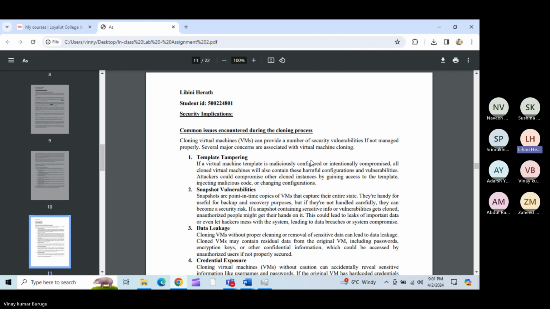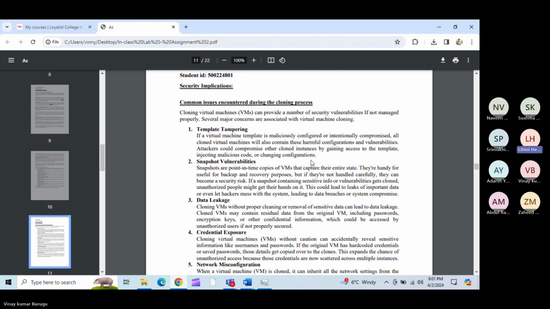If a virtual machine template is configured incorrectly or compromised, all cloned instances will inherit these vulnerabilities, so that attackers could exploit this to compromise other cloned VMs by gaining access to these templates and injecting malicious code.